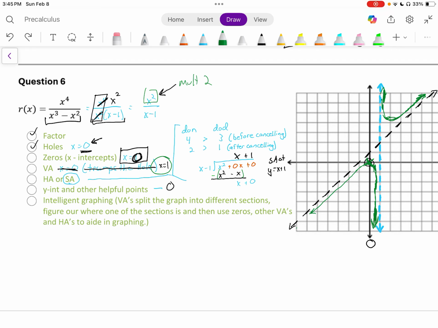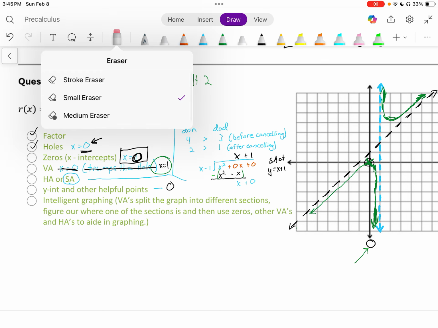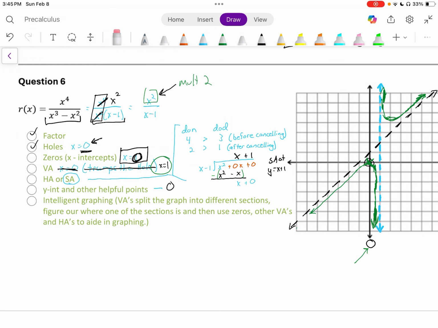And so the last thing we need to do is take into consideration this hole that's in the graph. So I'm going to come over here and put a hole here in the graph. I had a lot of writing here, so let's get rid of this writing. So there's a hole at 0, and then it looks like that.